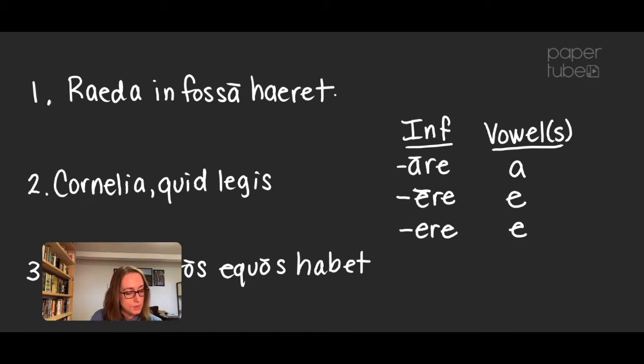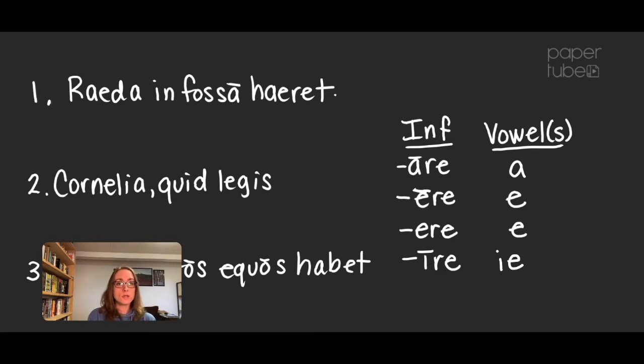And then in the fourth conjugation, or a verb with an -IRE on the ending, like audire, the vowels that will come before the -bam, -bas, -bat, -bamus, -batis, or -bant will be IE.